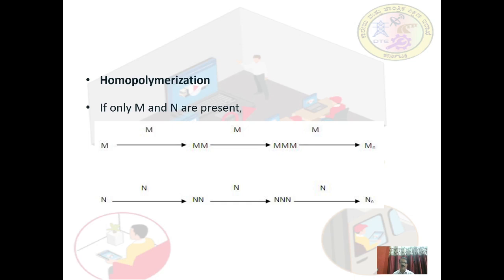Similarly, if N monomer is there, it also reacts with another monomer, gives a dimer. To this dimer, a third monomer is added so that it gives a trimer. To this trimer, another monomer is added, and this addition goes on until a long chain of polymer is produced.